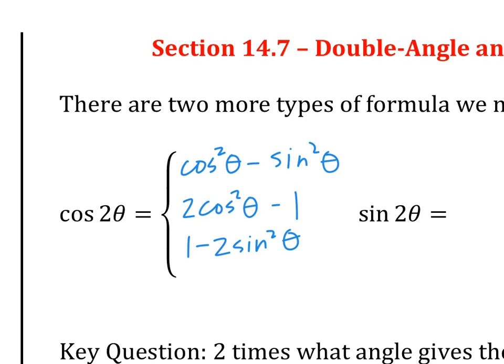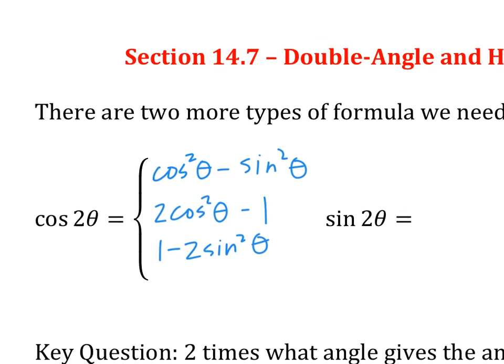The answer is you can use any of them, whichever one is easier for you at that time based on the information you're given. Sometimes you're given only cosine, then you should probably use the one that only has cosine. And sometimes you're given sine, then you would use this one, and so on. So the answer is it depends.